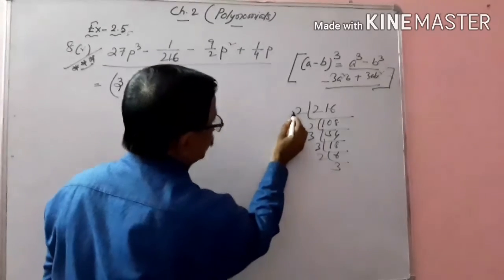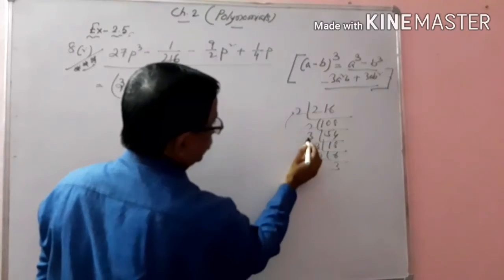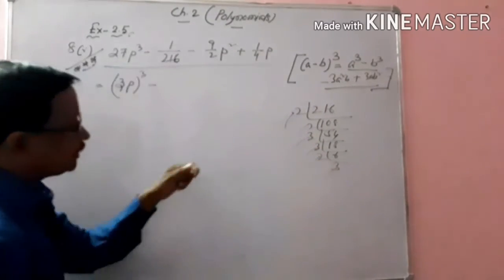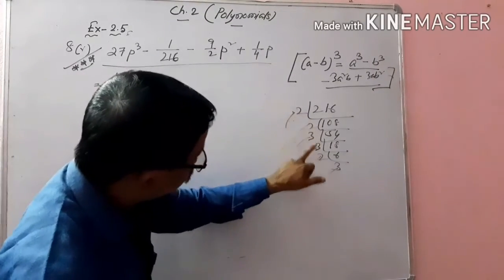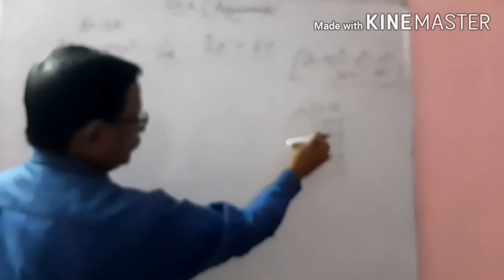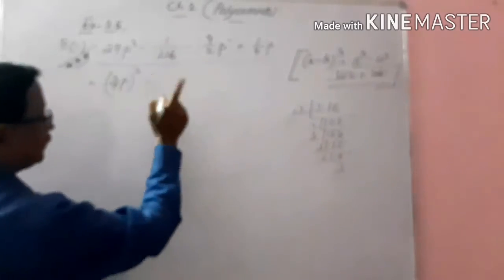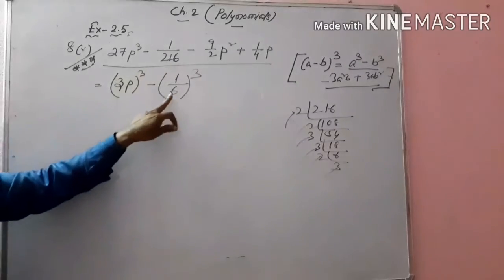So how many 2 are there? 1, 2, 3. Now how many 3 are there? 3. So that means out of thrice 2, we will take only 2, and out of thrice 3 we will get 3. So 2 into 3, 6. We can write in the cube form 1 by 6 cube. I think it is clear how we could break this one.